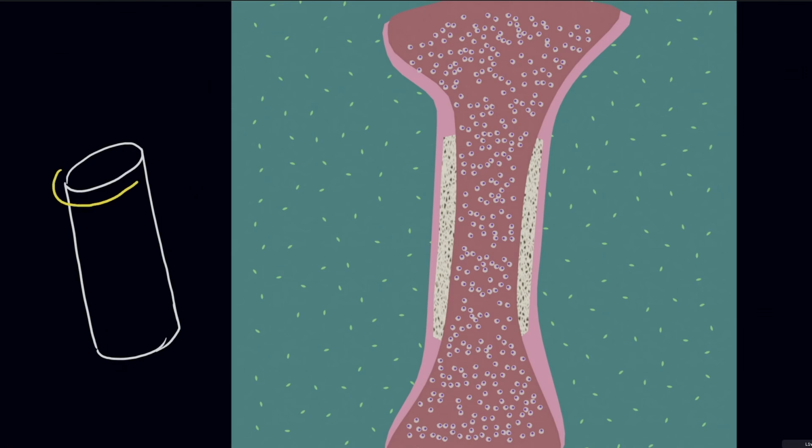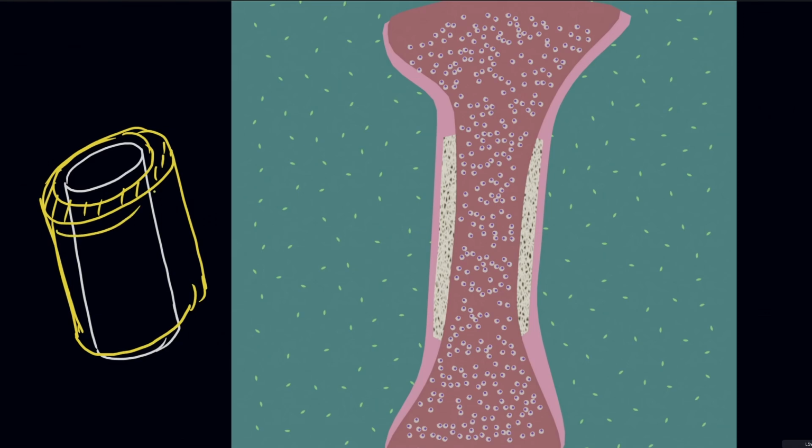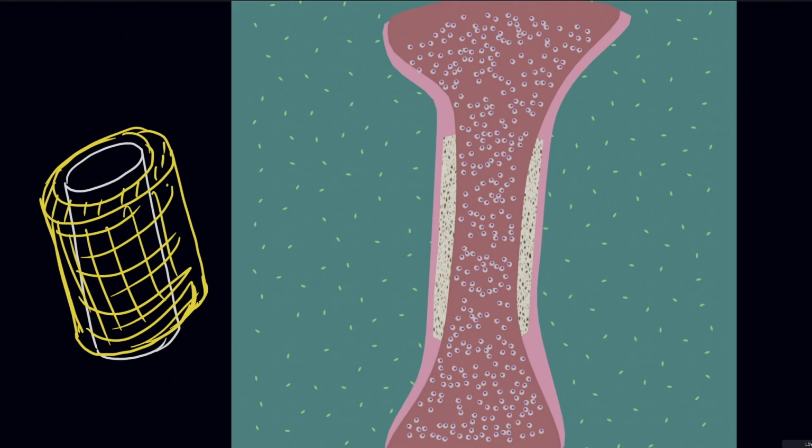It will be surrounding it from all sides like this. It's a subperiosteal bone collar. I hope you are clear about this. I don't want anyone to be confused here.